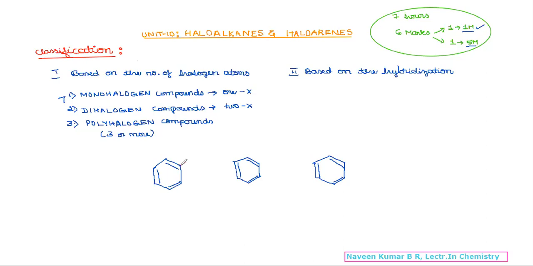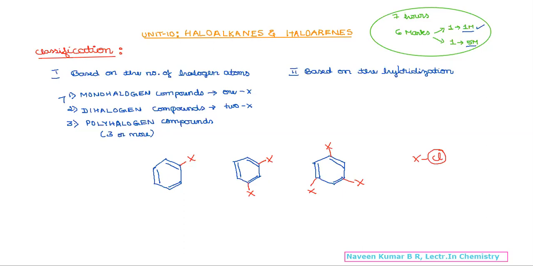Assume the first example where the halogen is substituting 1 position. In the second case, halogen substituted at 2 positions. The third case, a halogen substituting 3 hydrogen atoms of the benzene. Assume X is Cl in all the cases.